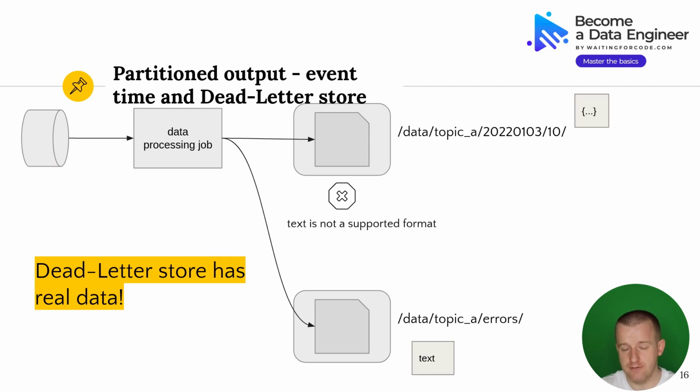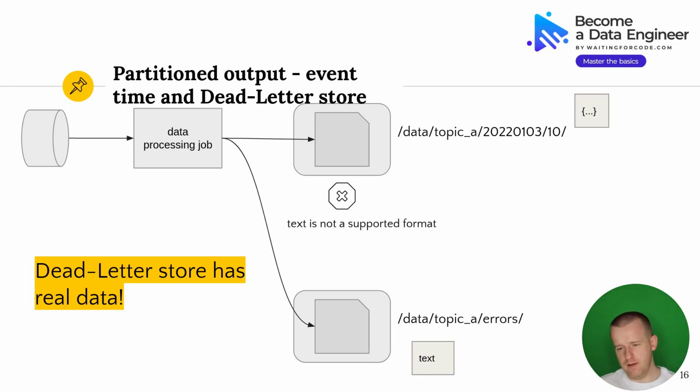So here, even though we have some text, we may imagine that our customer uses an old format of the messages that we don't support anymore in our job, and we have this real data, this customer data, in our errors subdirectory, and we may need somehow to re-ingest it to the real pipeline to not lose it. Of course, it will always depend on the volume of the data.